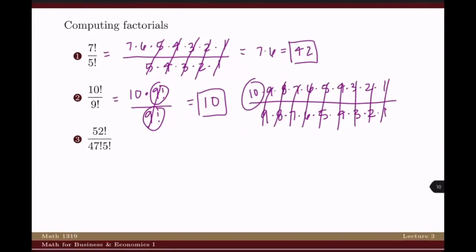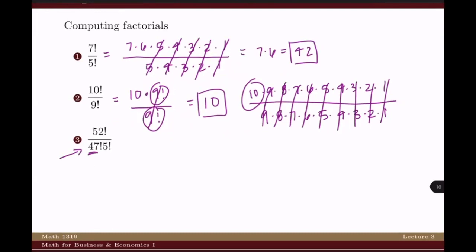All right. Next, now this one is going to be a little more difficult. You are also going to be needing a calculator. So 52 factorial divided by 47 factorial times 5 factorial. So pro tip here is whenever we're trying to simplify these factorials, you always want to pick on the bigger number in the denominator.